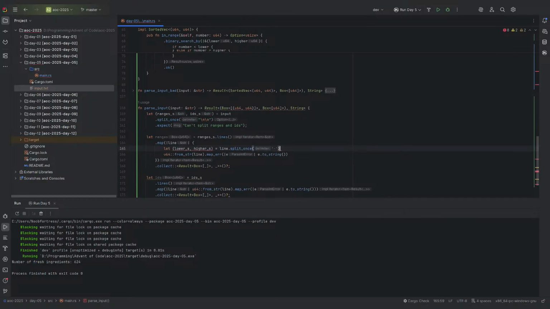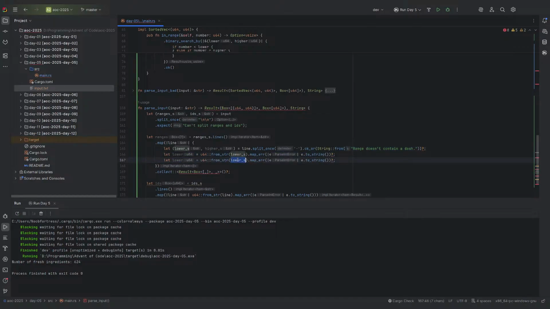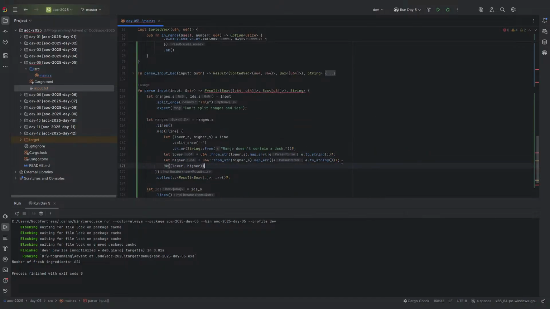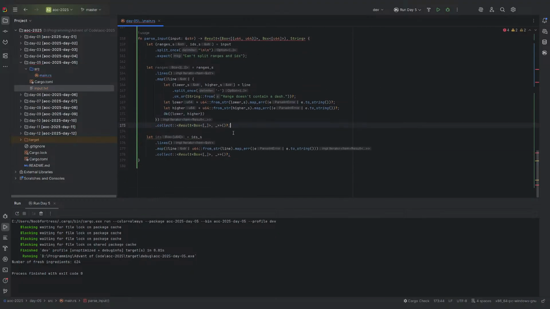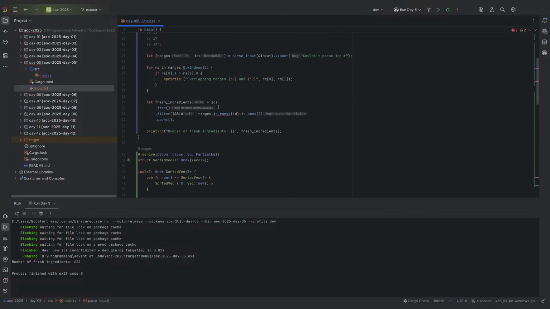Split once on a dash. Okay, that's now a lazy parse input.